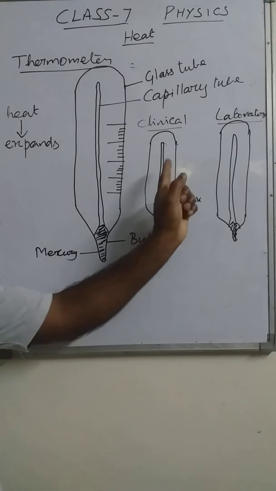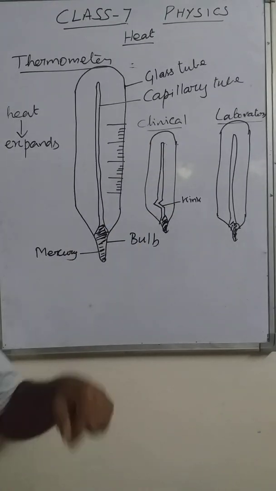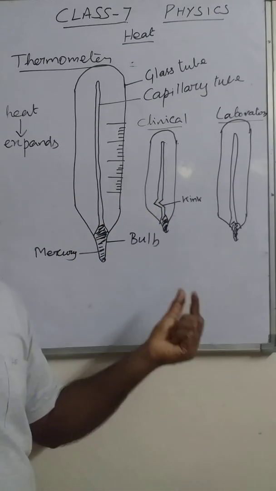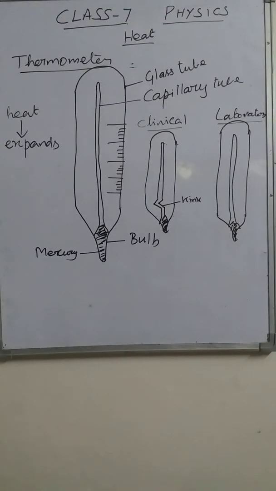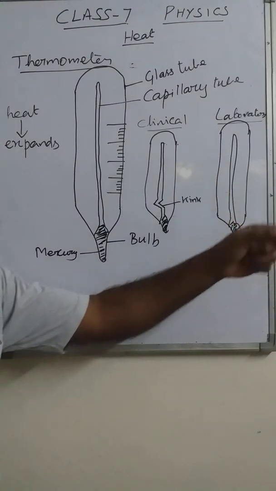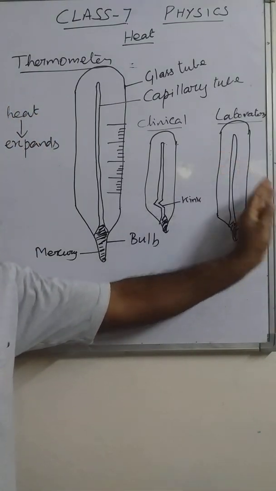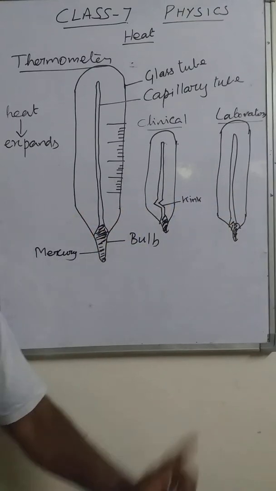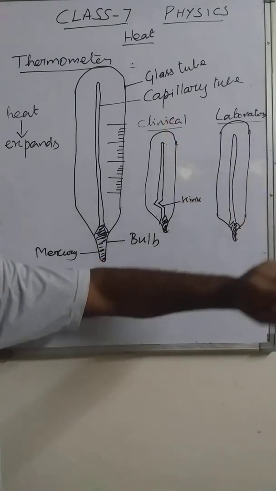Once it has increased to a certain level, to prevent the fall of that level on its own without shaking, the kink is provided. In the laboratory thermometer it is not provided, and it is not required. This is one difference between these two: the kink present in the clinical thermometer is not present in the laboratory thermometer.